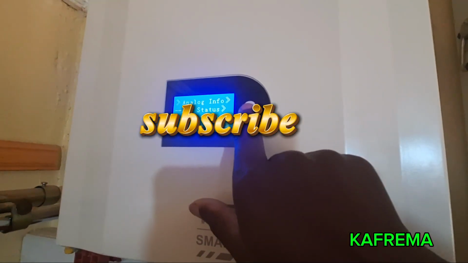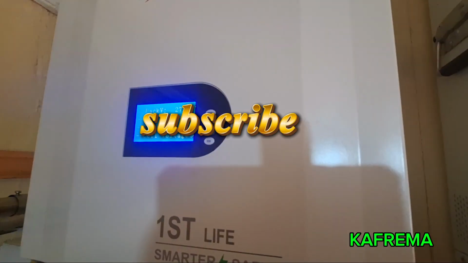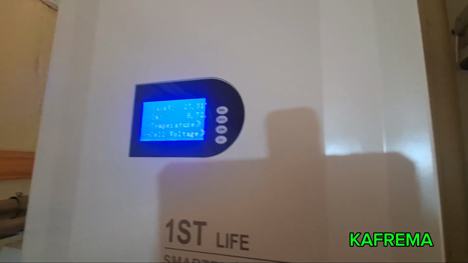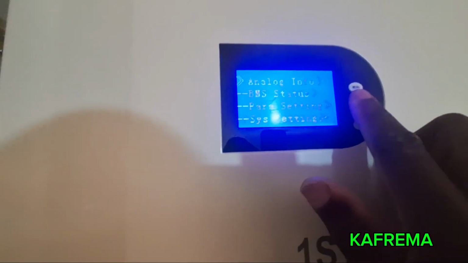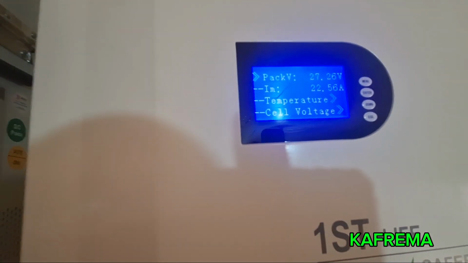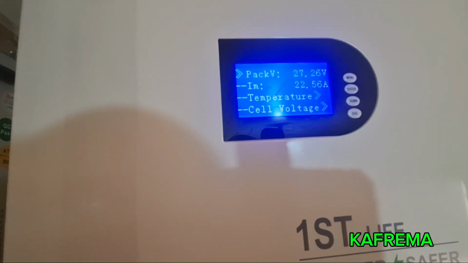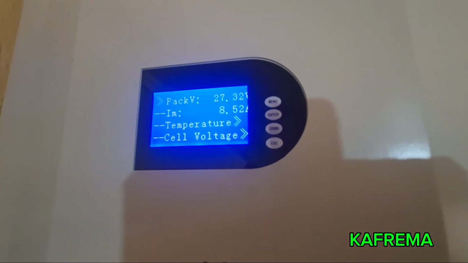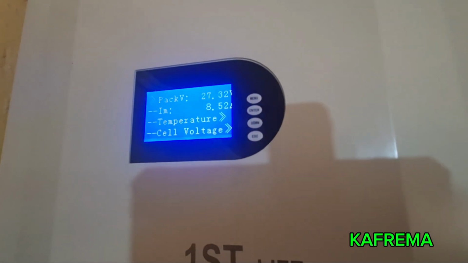These are lithium batteries, 2.5, charging right now. And also this one, charging with the 22.56, and this one is about to be full.